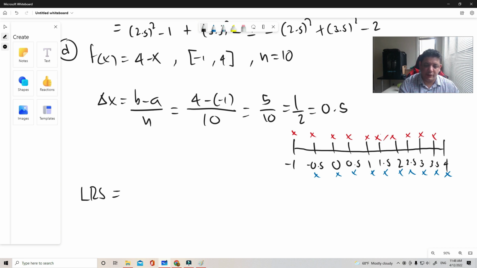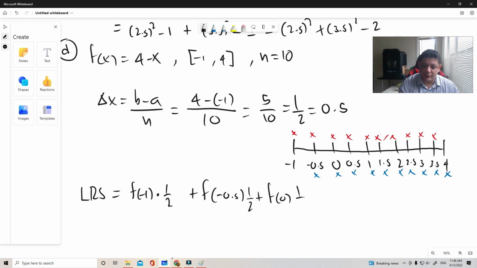Now on here, the whole sum will be f of minus 1 times 0.5, because this time the delta x actually is a different number than 1. Plus f of minus 0.5 times 0.5. Or you know what? Let me use, instead of 0.5, let me use 1/2. So this is more elegant.